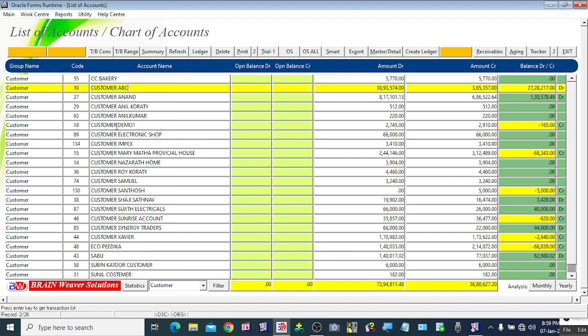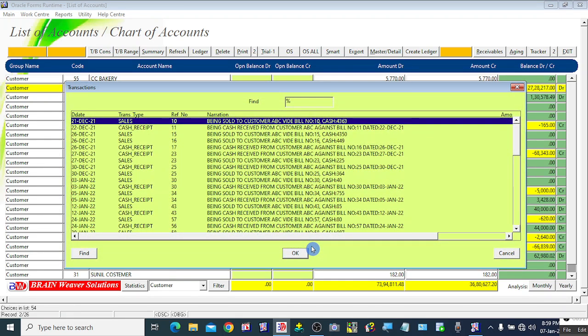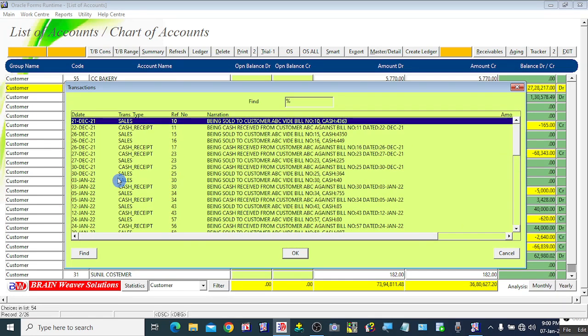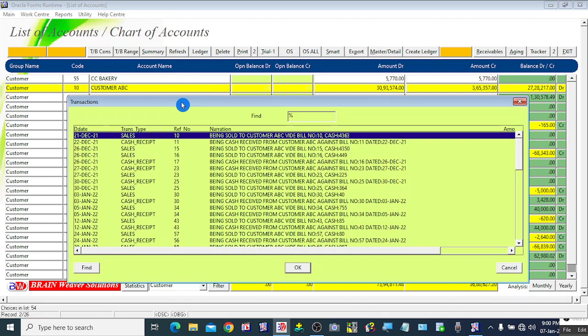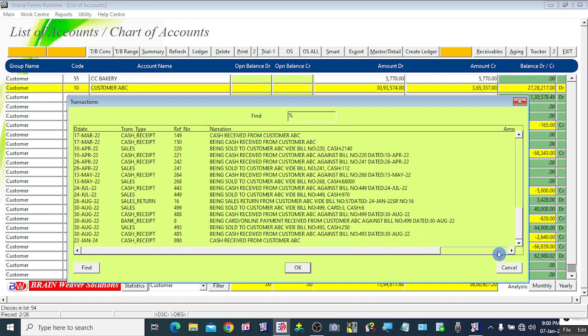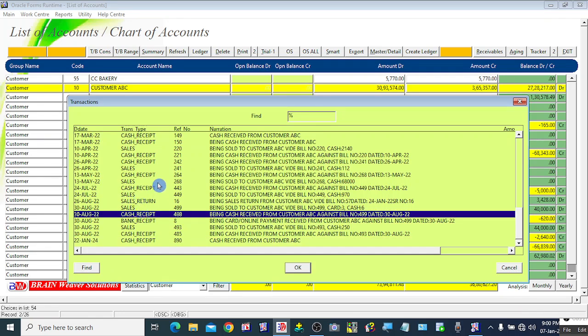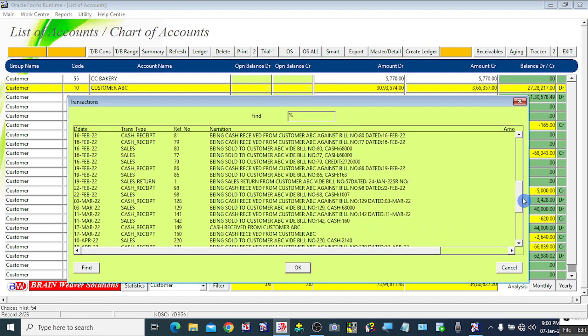By placing the cursor on a specific ledger account and pressing the enter key, without going to any other reports, you will get a quick reference of all the journal entries we have posted in this specific ledger account that we have selected here. Here we can see cash receipts, sales, bank receipts, all types of journal entries that we have posted in this specific ledger will appear in this list.